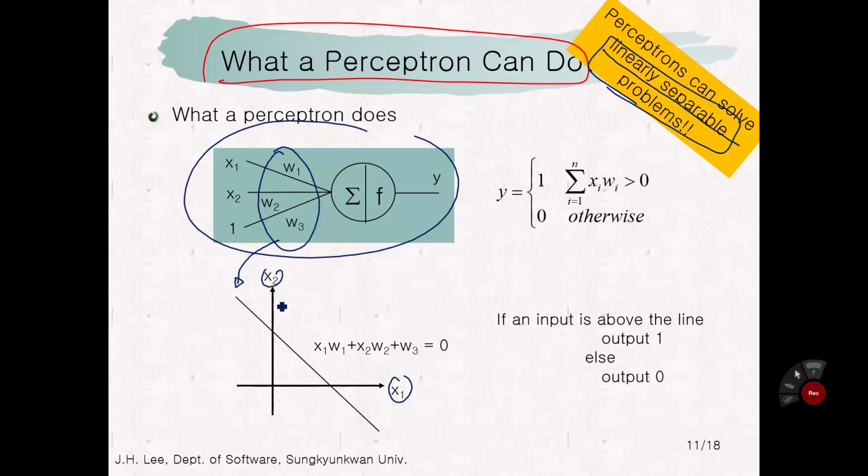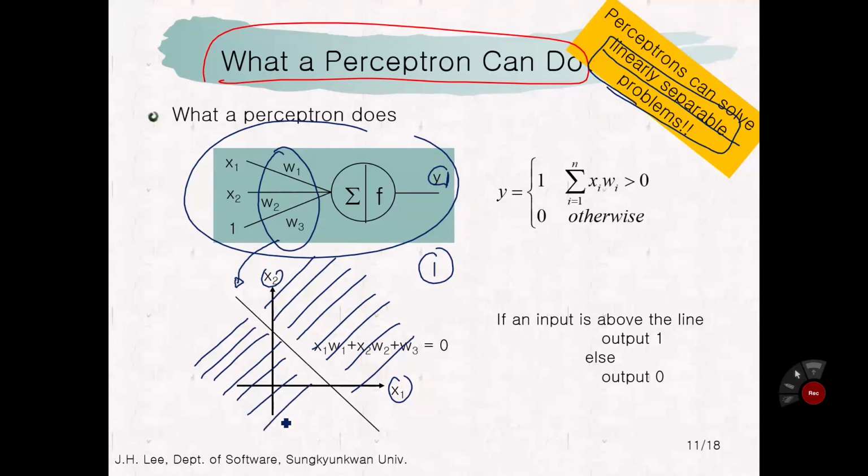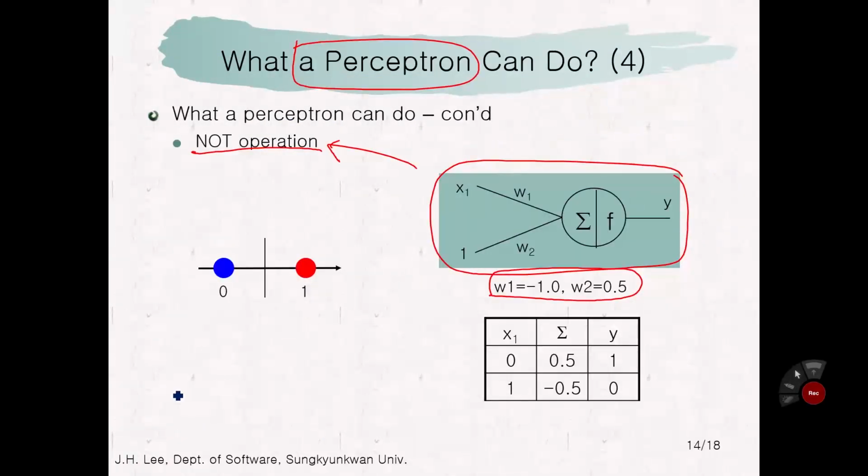If you give every input above the line, then the neural network will produce one as an output, and if you give all the inputs below the line, then the neural network will produce zero, right? So for this reason we said that a perceptron can solve linearly separable problems.